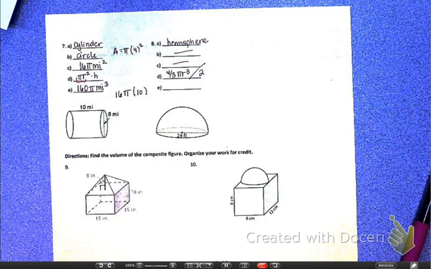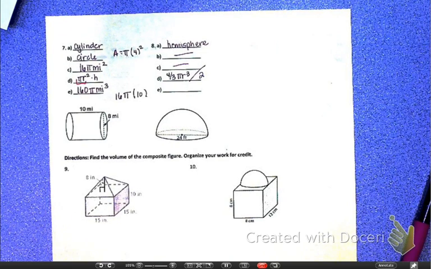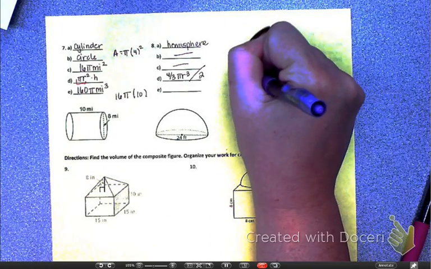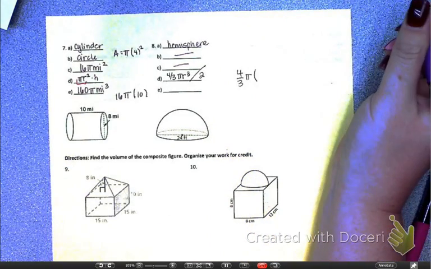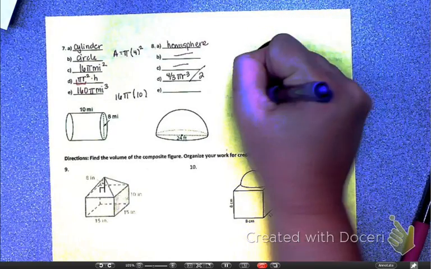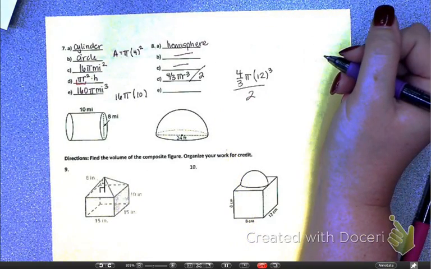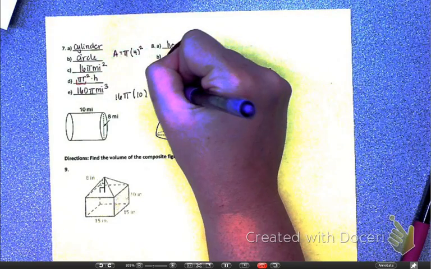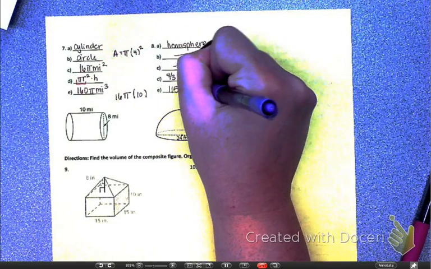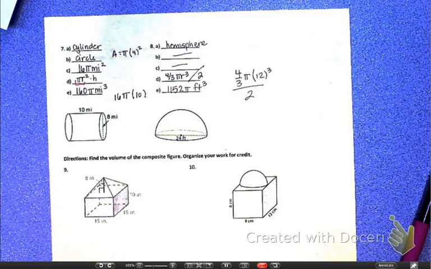That's fine too. So yes, you can do 1/2 times 4/3 pi r cubed. So 4/3 pi, what's my radius? 12 cubed, and all that's going to be divided by 2. And when you plug it all into your calculator, you get 1,152 pi feet cubed.